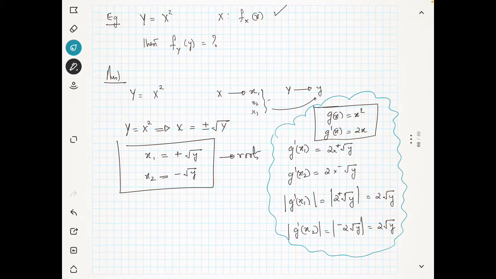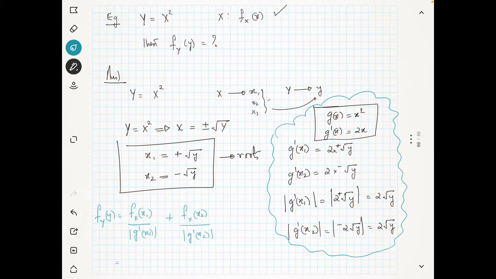Now we will talk about fy of y, which is fx of x1 divided by the absolute value of g dash of x1, plus fx of x2 divided by the absolute value of g dash of x2.